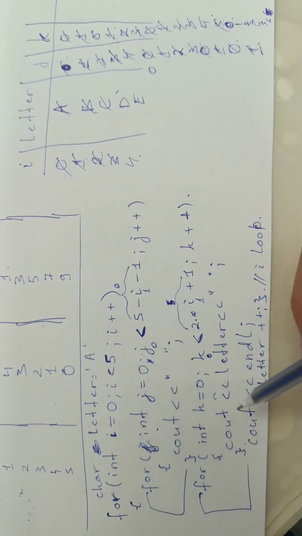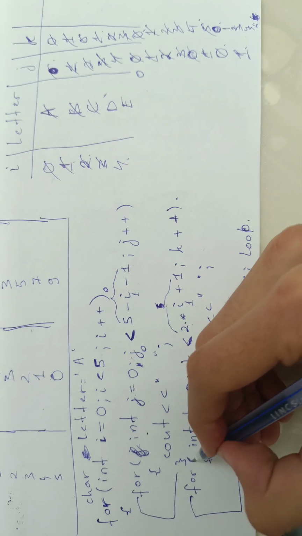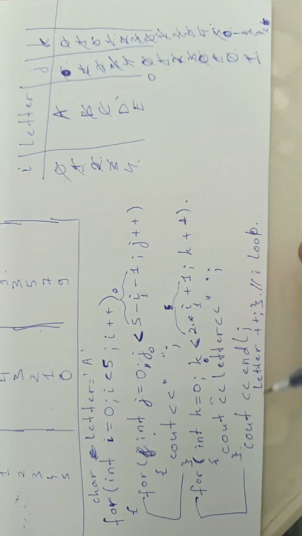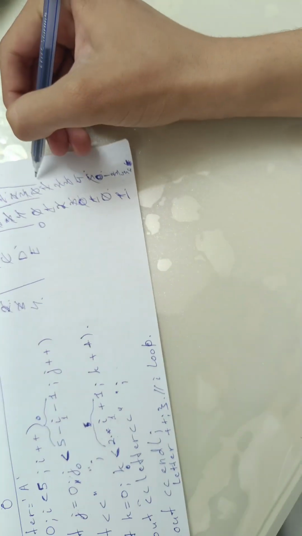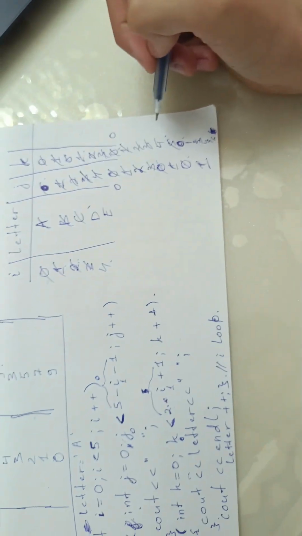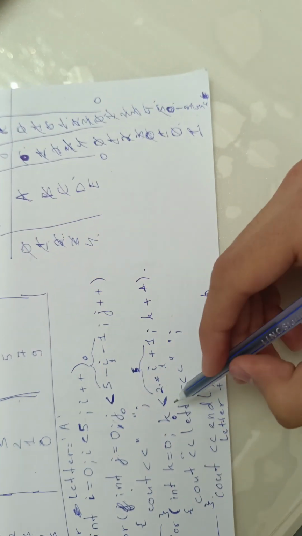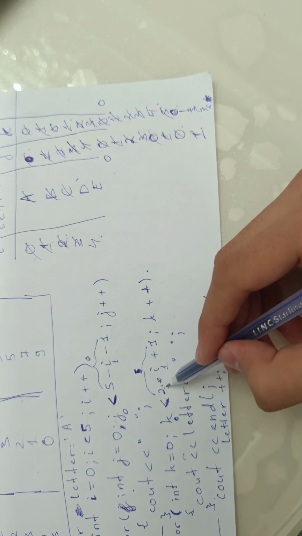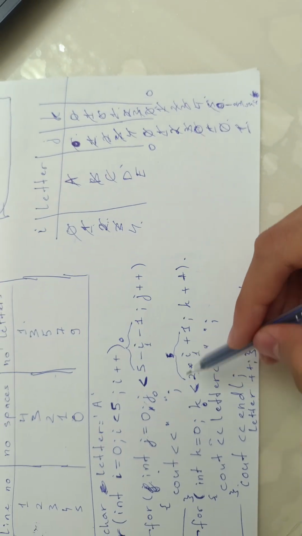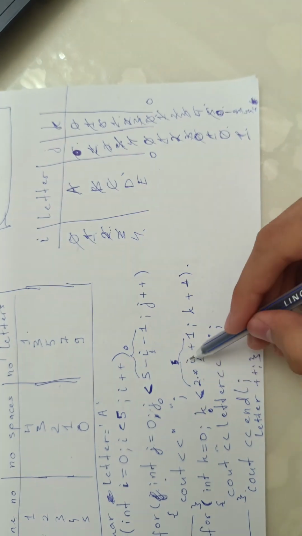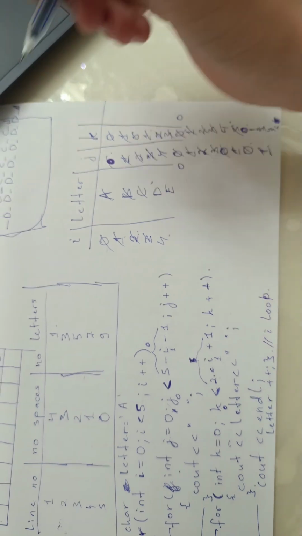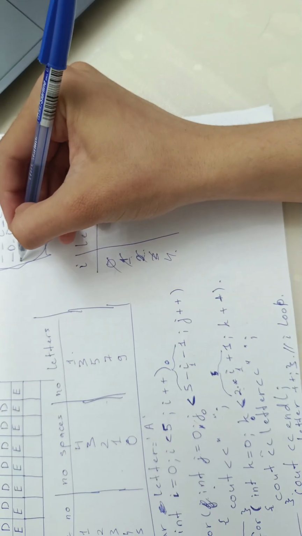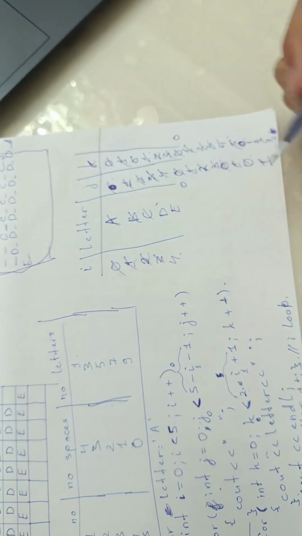So it goes to the K loop. K equals 0. 0 is less than 2 multiplied with I. I is 4, so 8, plus 1, 9. 0 is less than 9, so E will be printed out with one space.